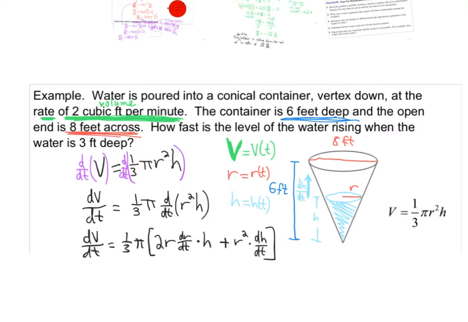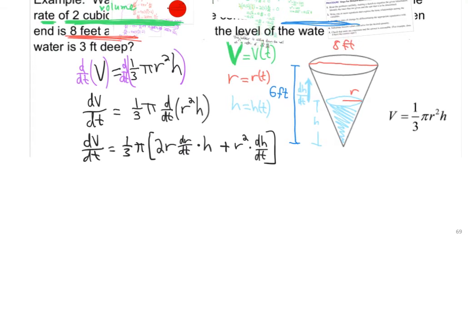Let's multiply things out and see what we get, but I need a little bit more room. So I'm going to give myself room. Okay. All right, so dV/dt equals, let's see, 2/3 pi r h dr/dt plus 1/3 pi r squared dh/dt.